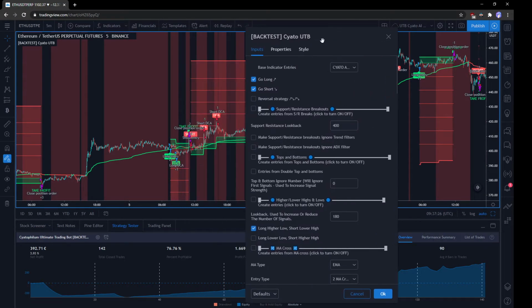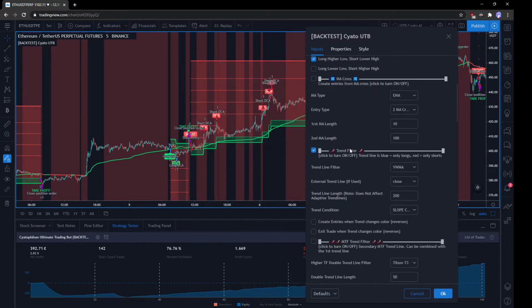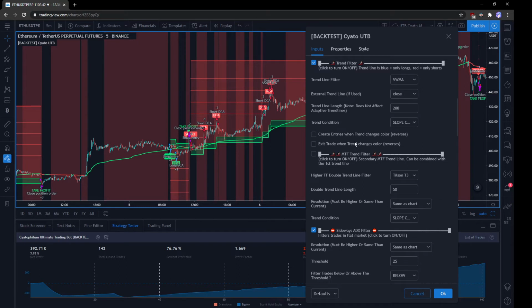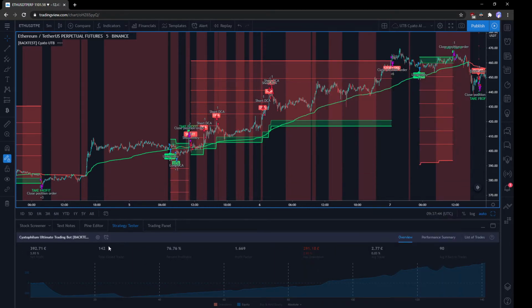So what we can do is add a secondary trend line. Perhaps just a simple EMA, and we will see what it does. So it should filter, it should reduce the number of trades.